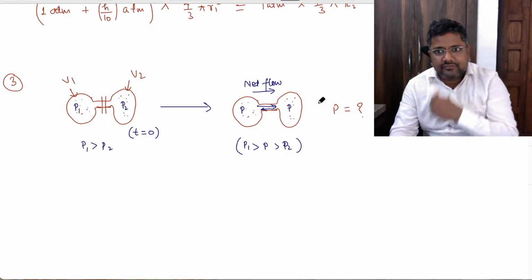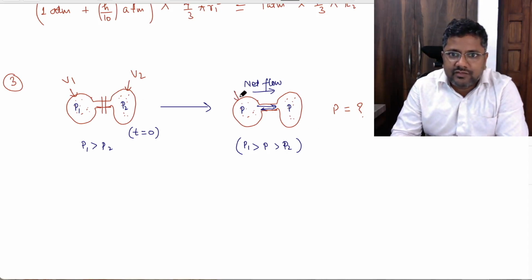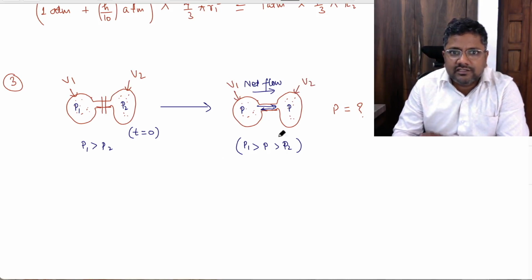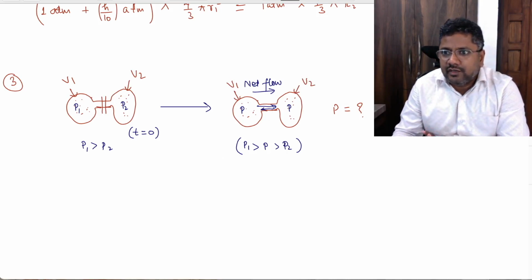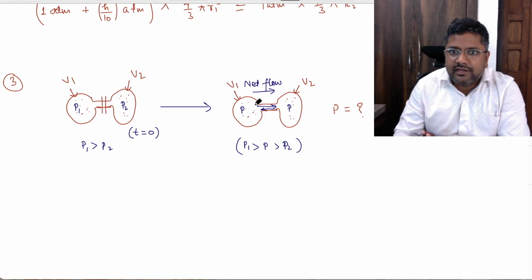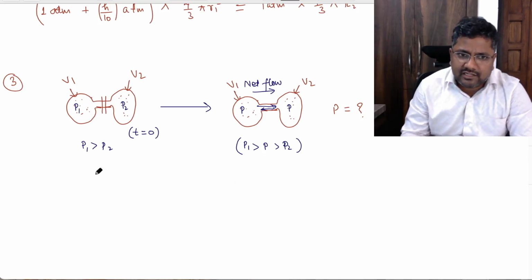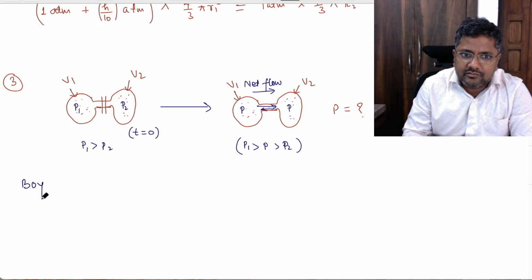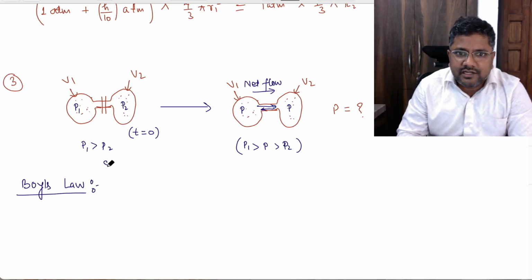So if it is asked to find the final pressure, V1 and V2, this is a rigid container, so there is no change. Other things are the same. So if it is asked to calculate the final pressure here, you can use Boyle's law. See, this is state 1 and this is state 2.